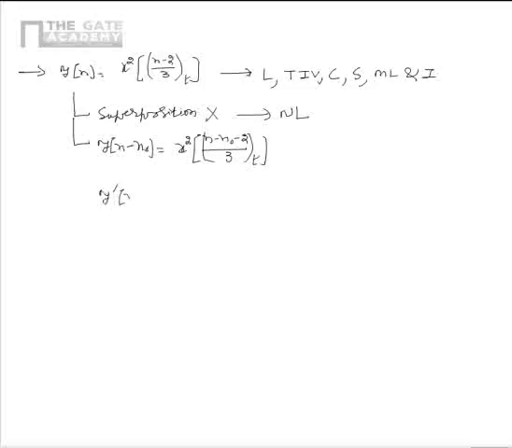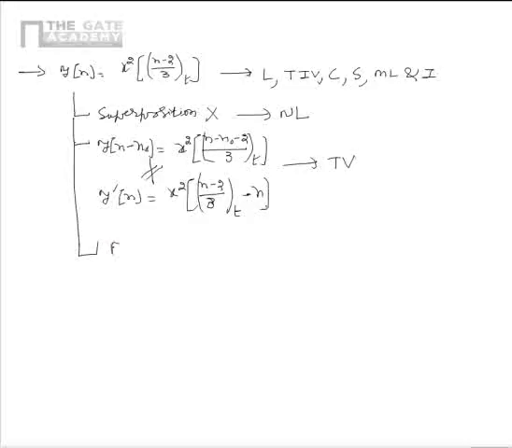Similarly, the output y dash n due to the delayed version of input can be written as x square of n minus 2 divided by 3, truncated, minus n naught. From this, we see that the output due to the delayed version of input is not equal to the delayed version of output. From this, we see that the system is time variant.